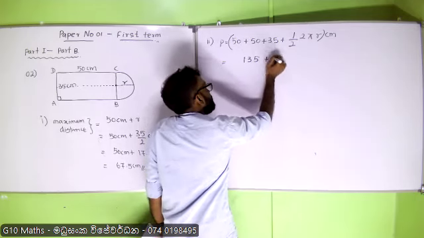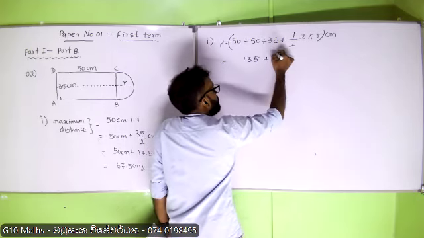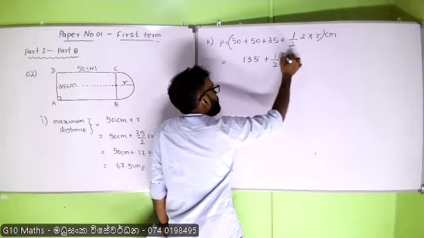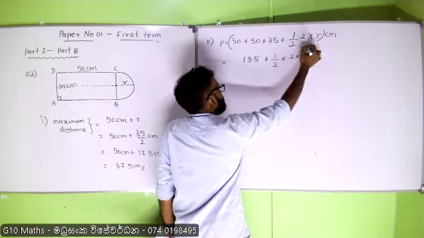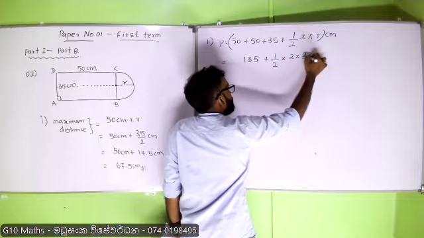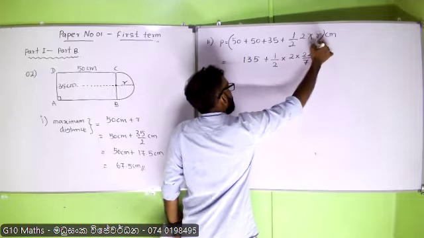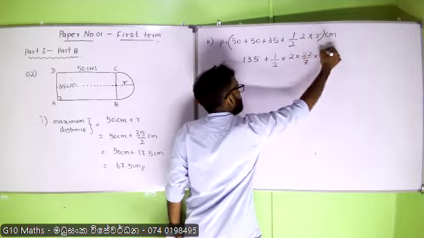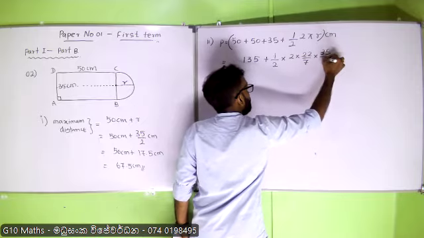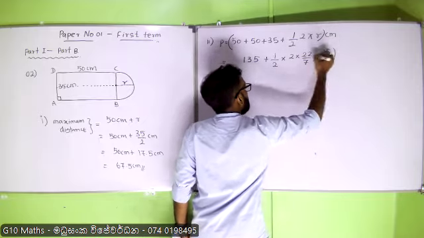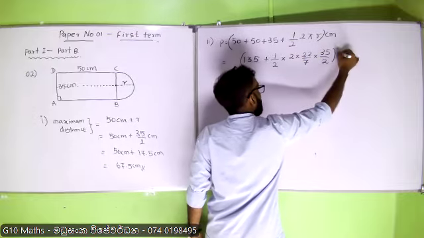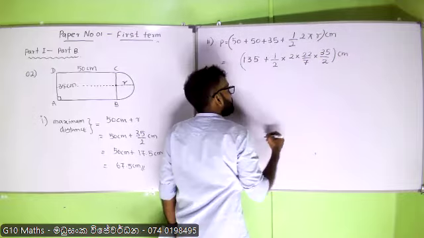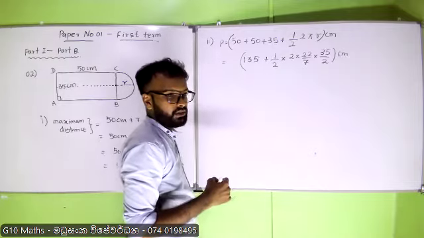135 plus, right? Here you have half, multiplied by 2 times pi, which is 22 upon 7, multiplied by r, which is 35 divided by 2. Centimeter is a common term, so I have used it outside of the bracket. So it doesn't matter.